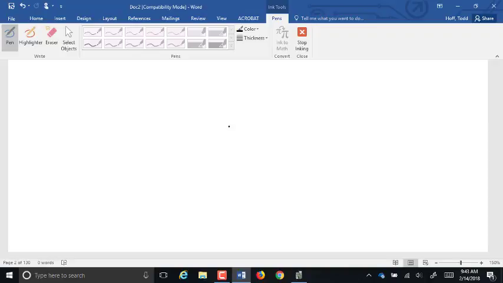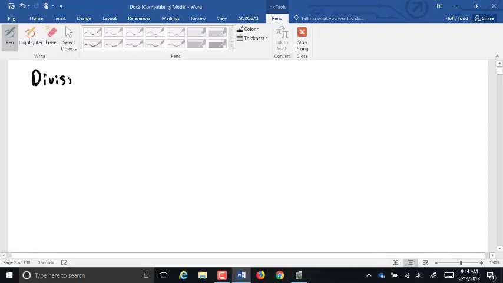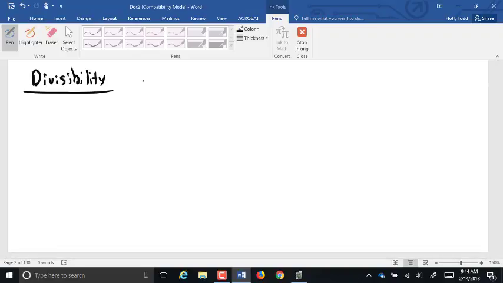So anyway, our new material for today. I want to start out by talking about divisibility. Divisibility is simply if a number can divide into another number without remainder.